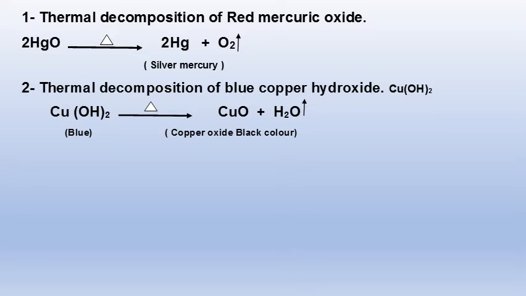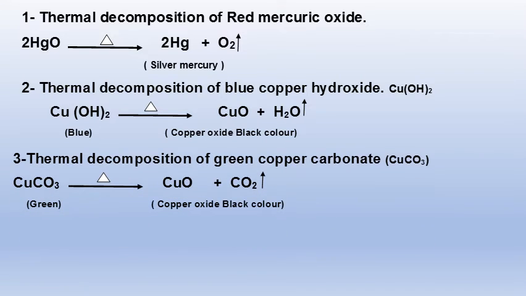Okay, let's see the third one. The thermal decomposition of green copper carbonate. The chemical formula of copper is Cu, and carbonate is an atomic group. Its chemical formula is CO3.